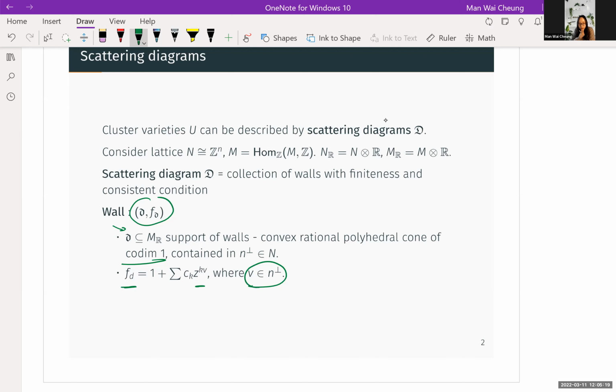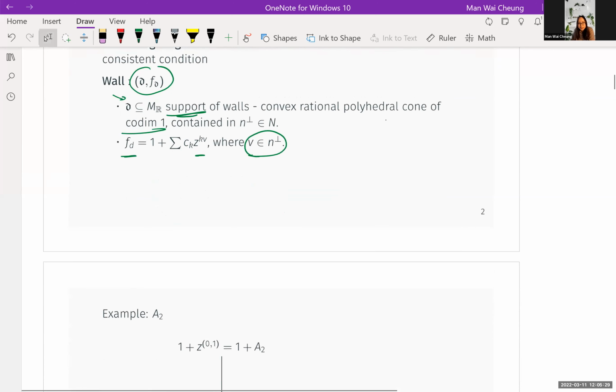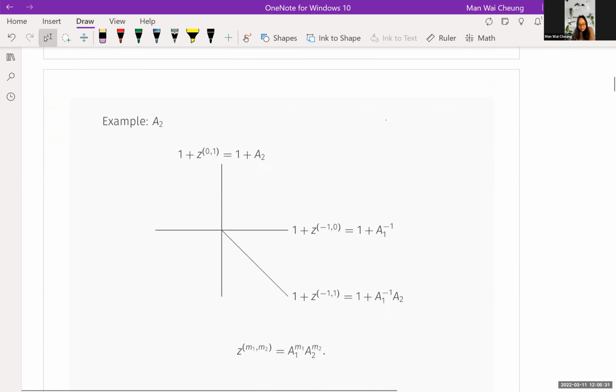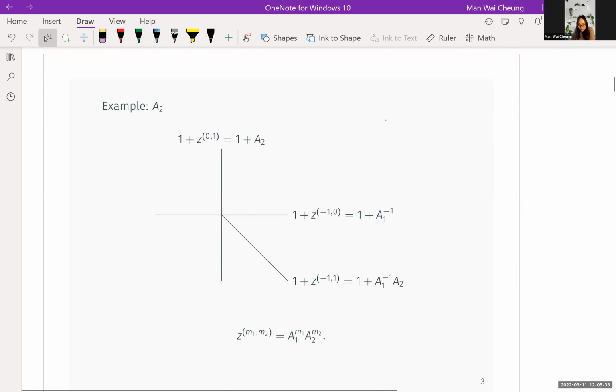Note that the point is not required to be in the support of the wall; it just needs to be on the hyperplane. Let's take a very standard example, called the cluster A2 example. Here is my notation: M1, M2 correspond to A1, A2.